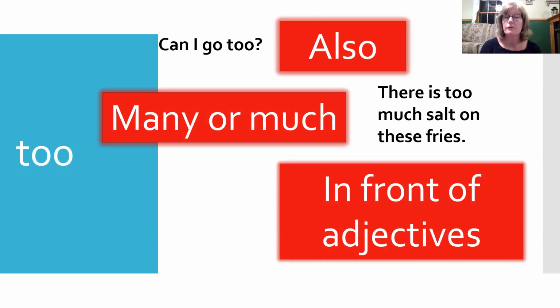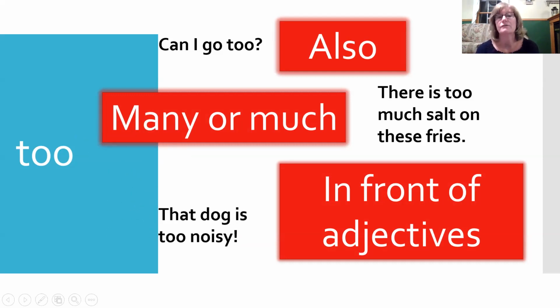So if you're describing a person or a place or a thing, you might have to put the word too in front of your adjective. That dog is too noisy. Dog is the noun. Noisy is describing the dog. But you want to tell me that the dog is really noisy, almost too much noisy. So you would say, that dog is too noisy with 2 O's.